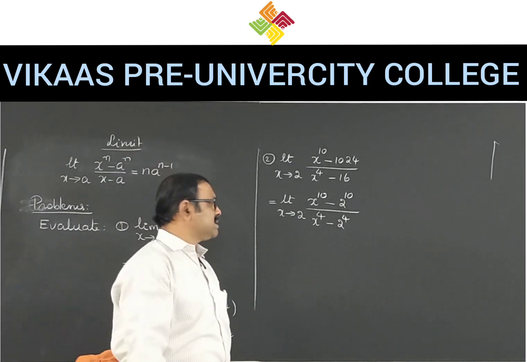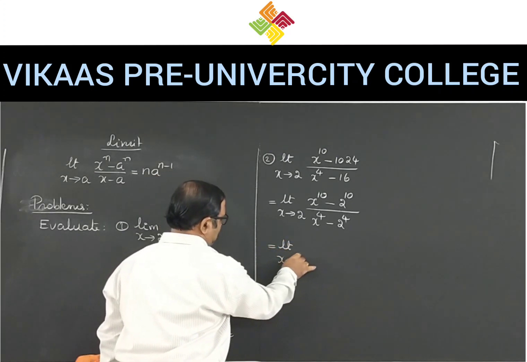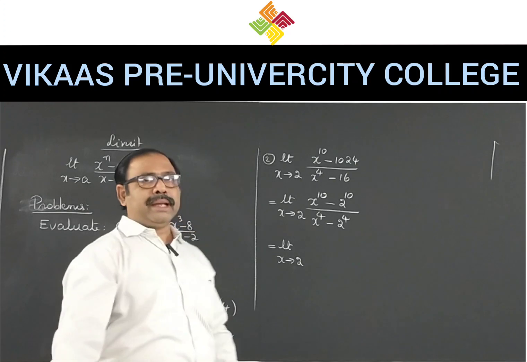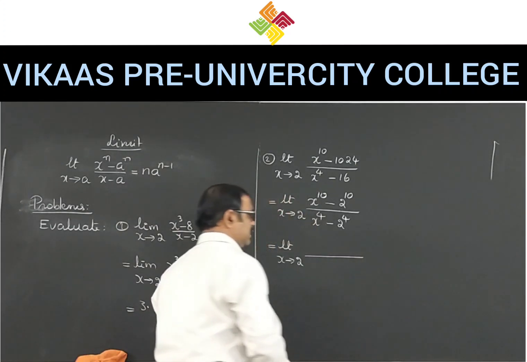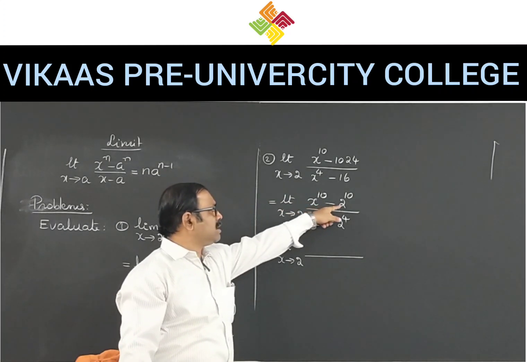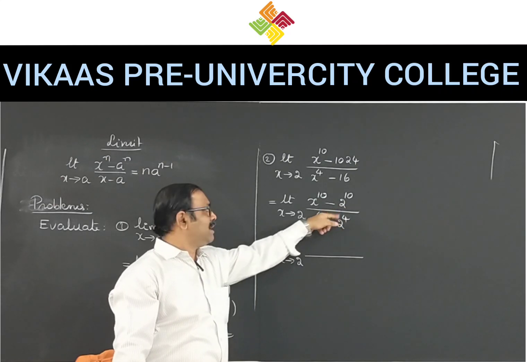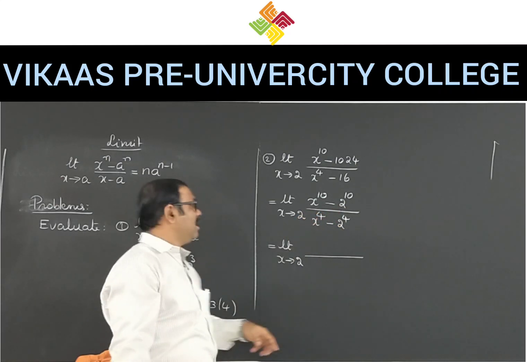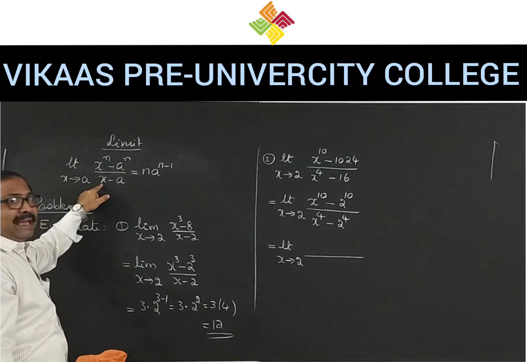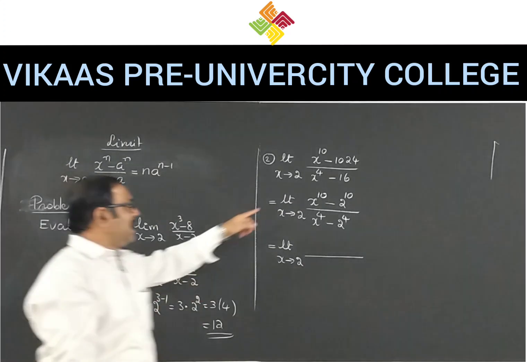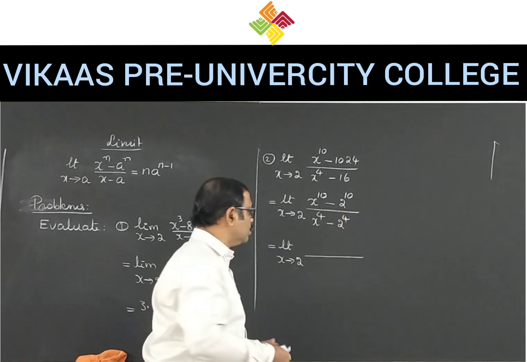In order to apply the formula, some factor is required. What is that? (x power n minus a power n) by (x minus a). Here, x power 10 minus 2 power 10 by x minus 2.